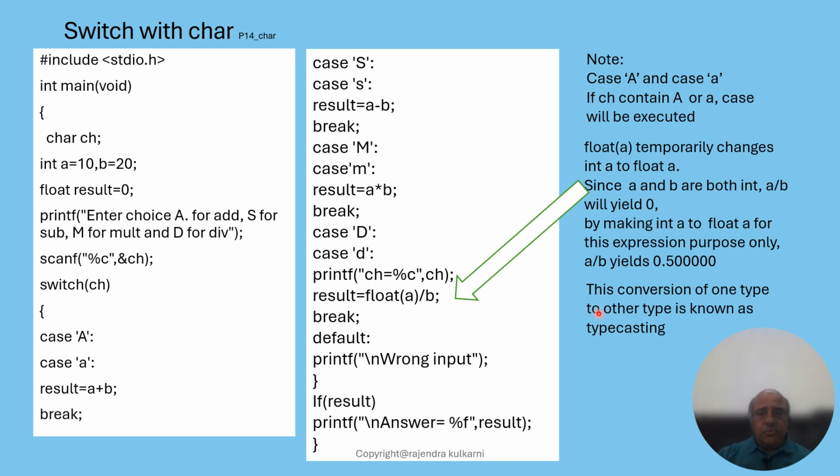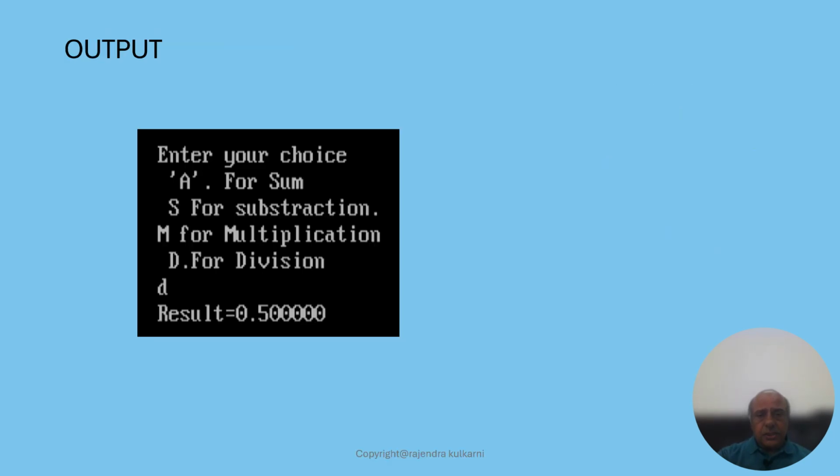This conversion of one type to another type is known as typecasting. Typecasting does not change the data type permanently. It is applicable only for the expression where the typecasting has been done.